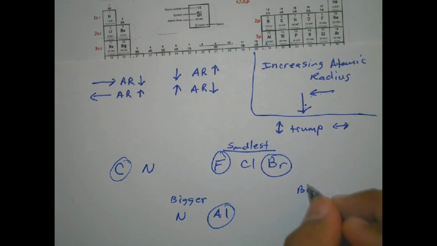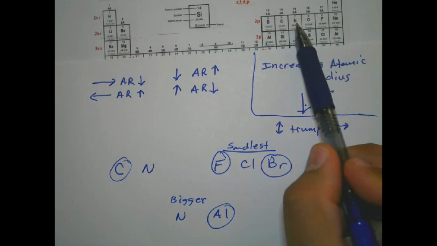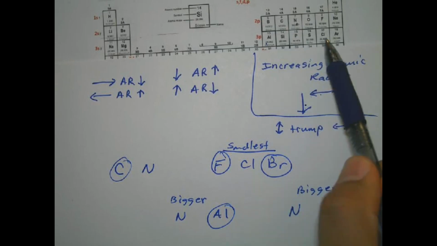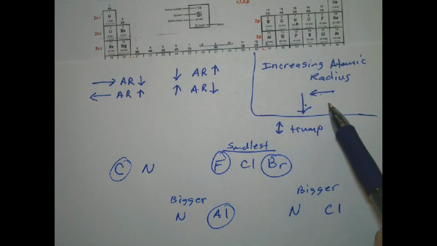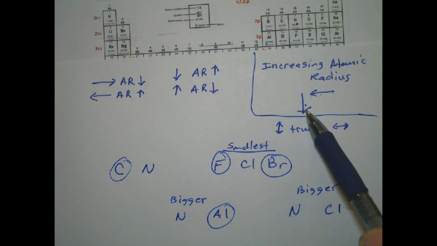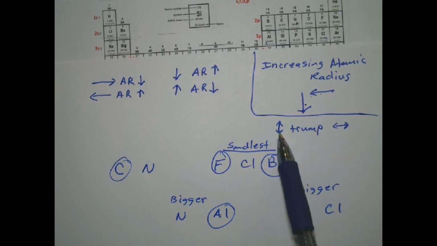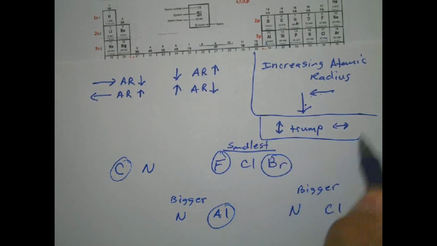Okay, now one more example. Who's bigger, nitrogen or chlorine? Well, nitrogen's here. He's more left, but chlorine is more down. So it increases as you go left, and it increases as you go down, but who wins? Well, remember this?